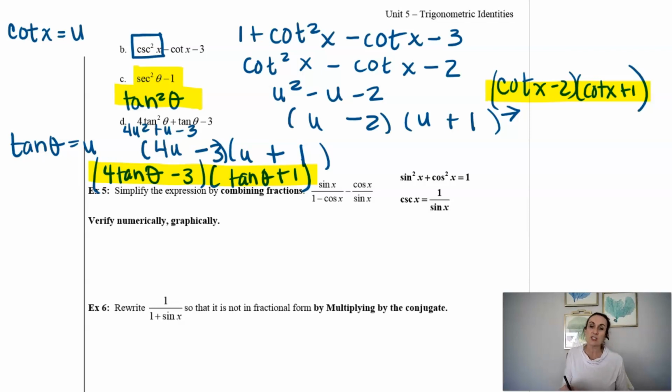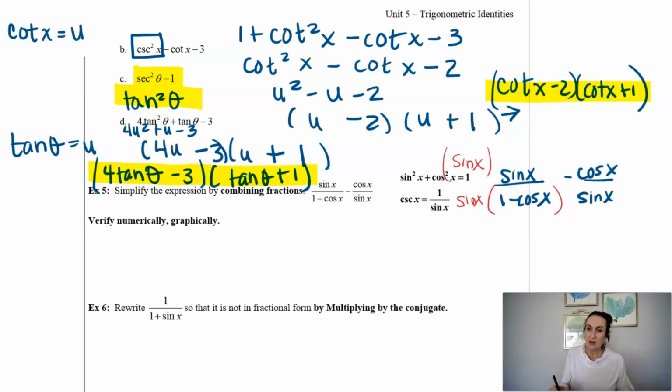And the second fraction, you'd multiply the top and bottom by 1 minus cosine x. Let me show you over here. So we have sine x over 1 minus cosine x, subtract cosine x over sine x. So multiply this one, top and bottom, by sine x.